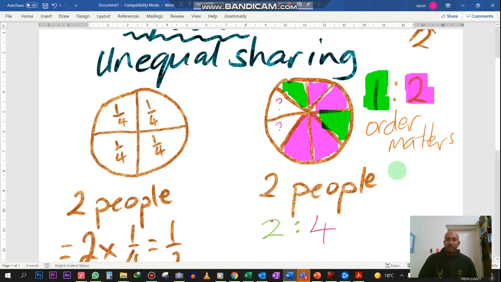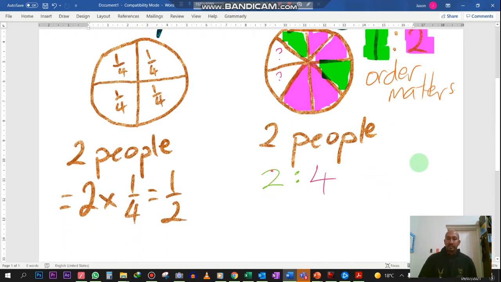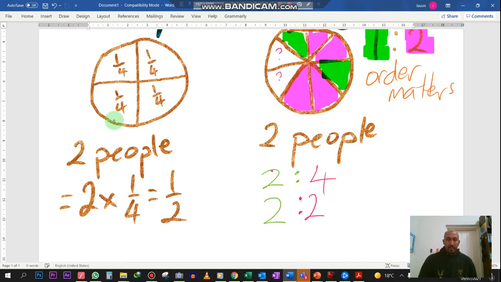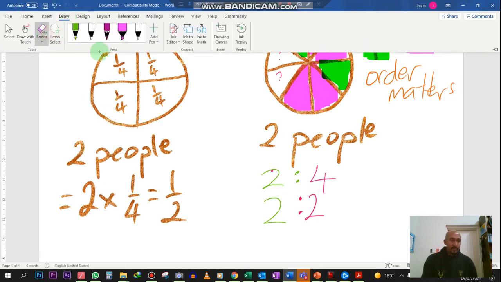Now, the reason why I showed you the introduction with equivalent fractions is because we started off with the ratio of 1 is to 2. Oh wait, 1 is to 2, not 2 is to 2.